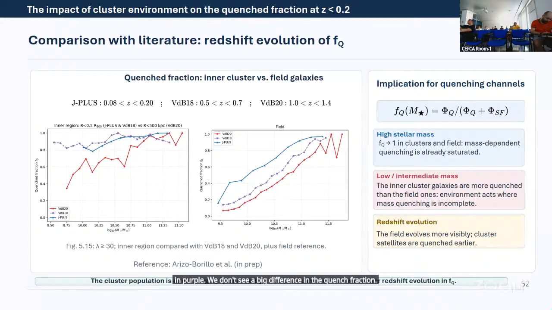But in the field, we can see that there is more evolution at low redshift. You can see in our case, from redshift 1 to 0.08 to 0.20, there is an evolution in galaxy quench fraction, as you can see here.